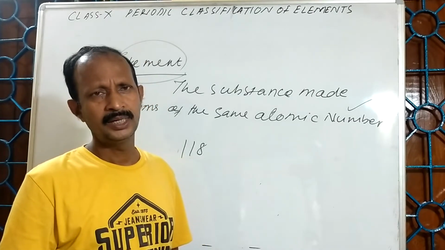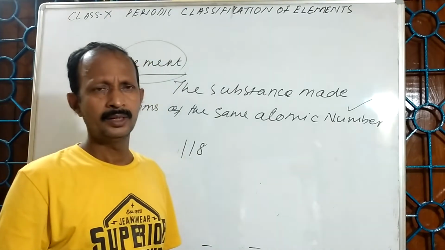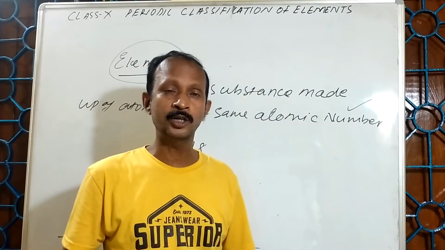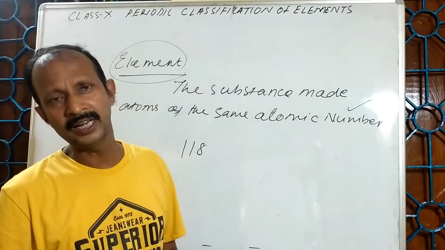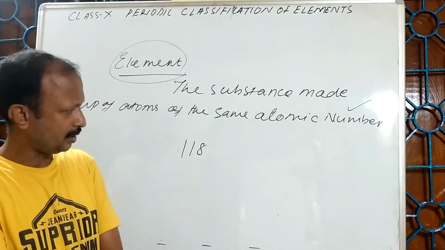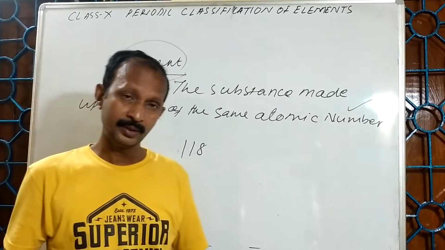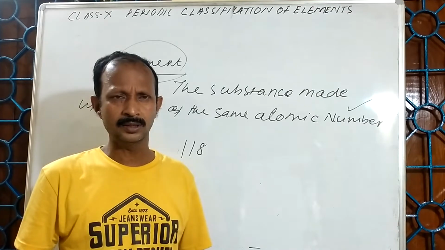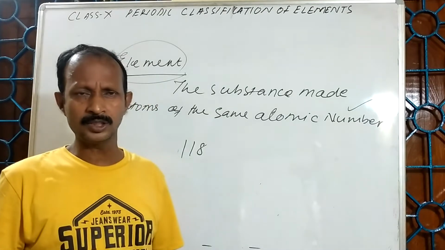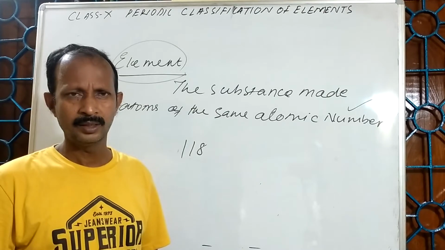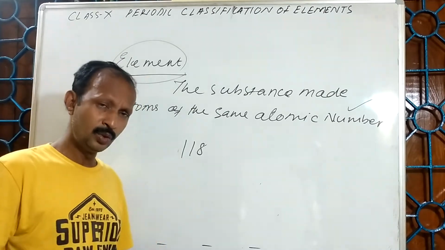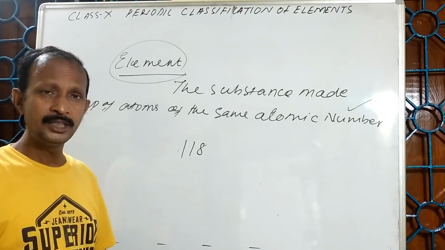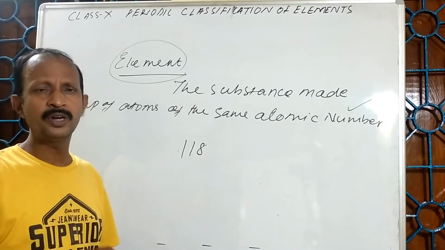It is difficult to study the properties of all these elements separately and also the properties of the compounds made by these elements. So scientists thought that if we can classify the elements, classify in the sense, make some groups in which those having similar properties will be together, then it will be easy to study and easy to remember.